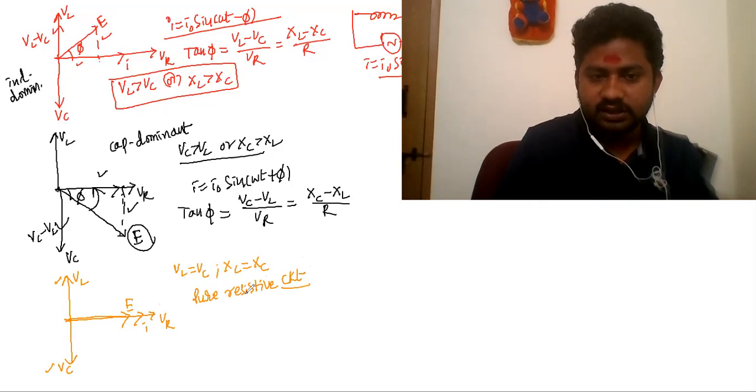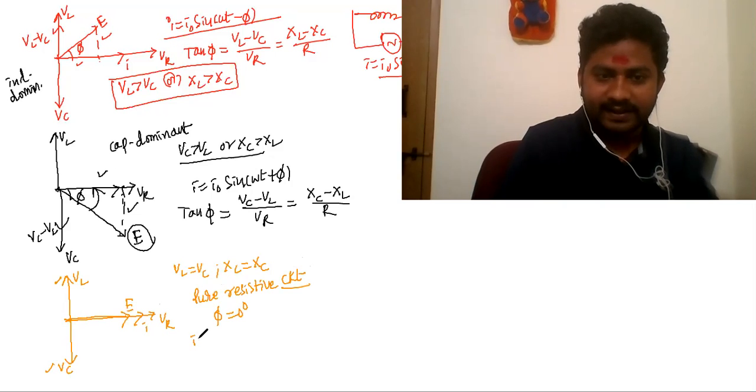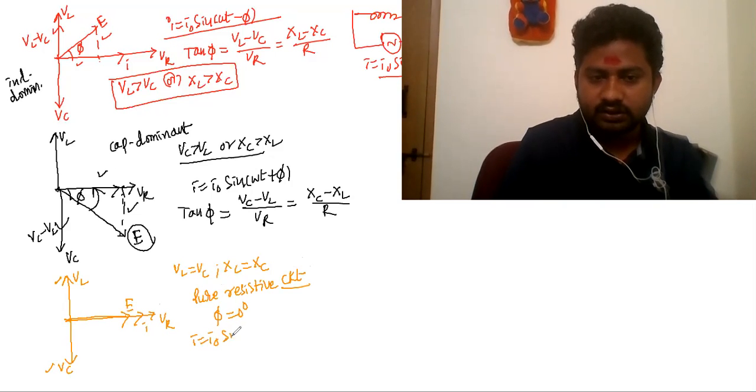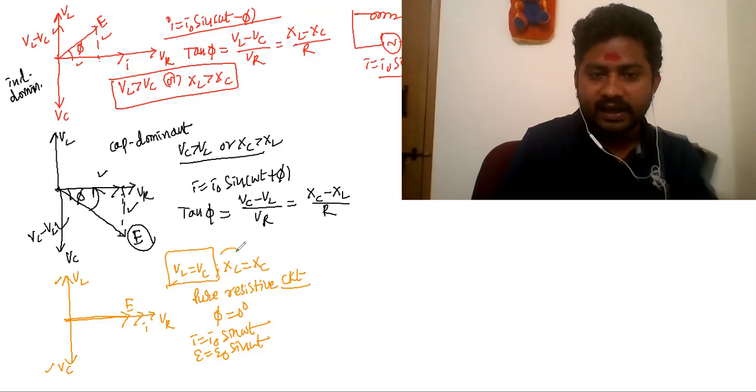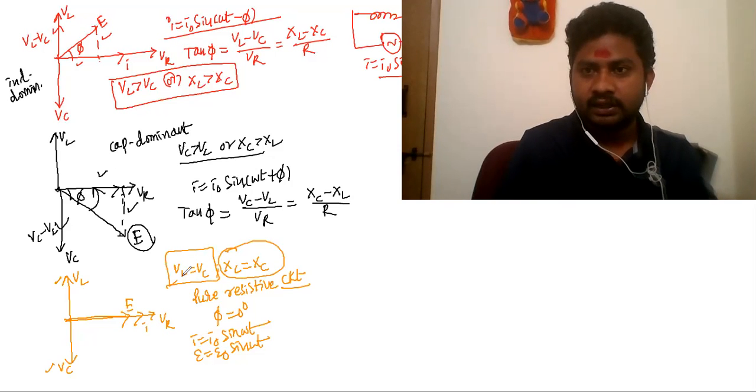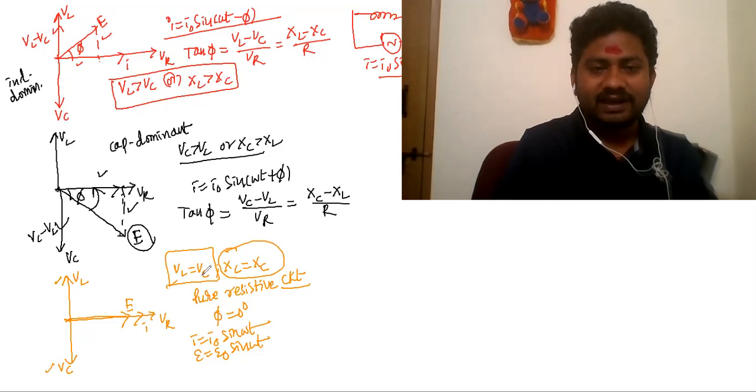In case of a pure resistive circuit, the phi value will be 0. So I is equal to I naught sine omega t. There is no phase difference here. So E is equal to E naught sine omega t. When VL is equal to VC or XL is equal to XC, VL means potential across the inductor, VC is potential across the capacitor.